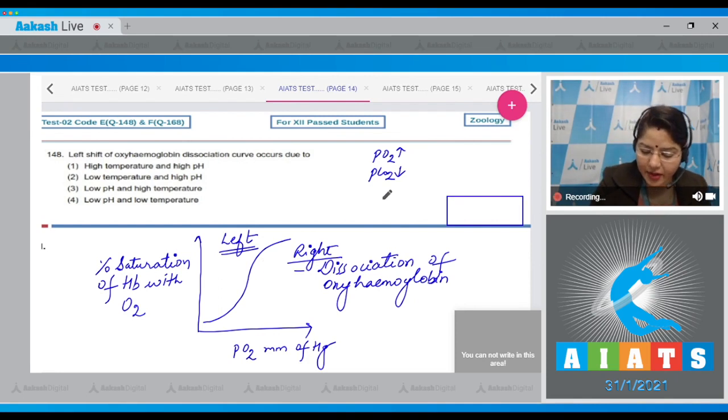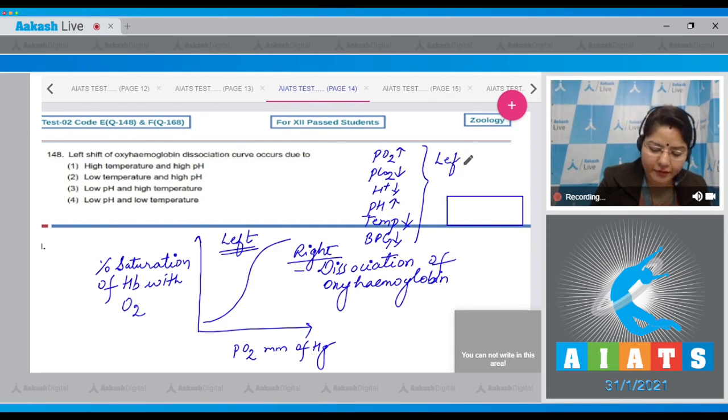When PCO2 decreases, H plus ions concentration also decreases, and when H plus ion concentration decreases, then pH increases. And other factor is temperature. When temperature decreases, then shift to left occurs, and when BPG decreases, then also shift to left occurs. These are the factors which are responsible for shift to left.